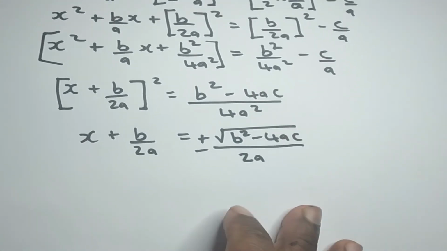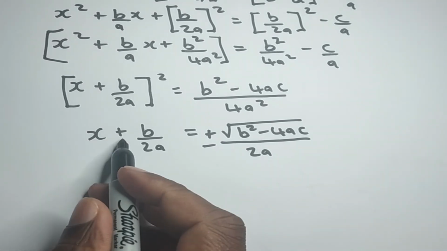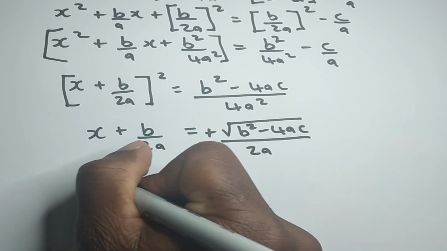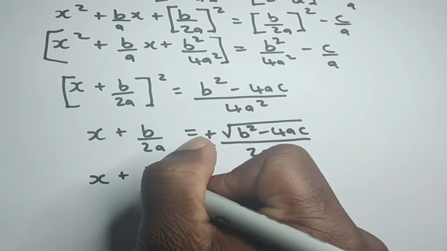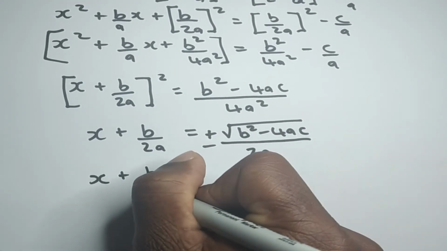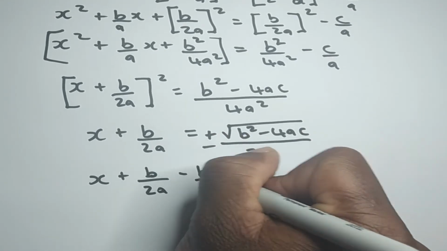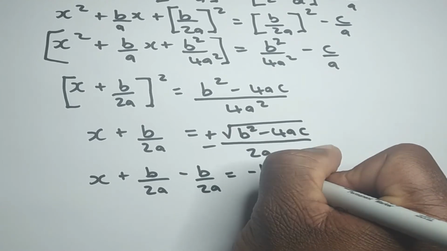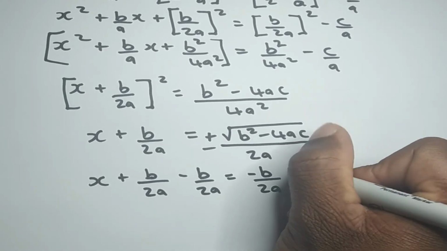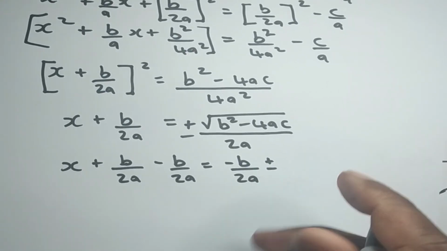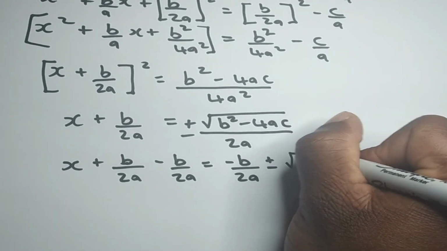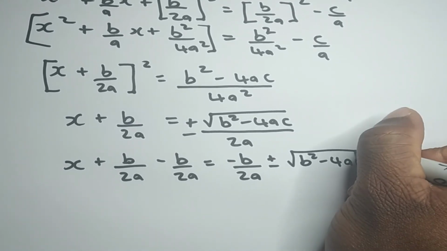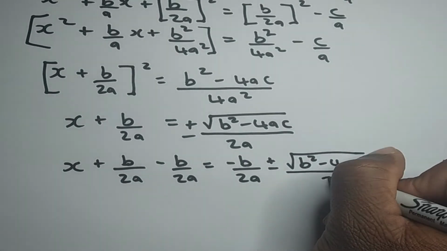So we can now move this b over 2a to the other side, subtracting b over 2a from both sides, and we'll end up with minus b over 2a plus or minus the square root of b squared minus 4ac all over 2a.